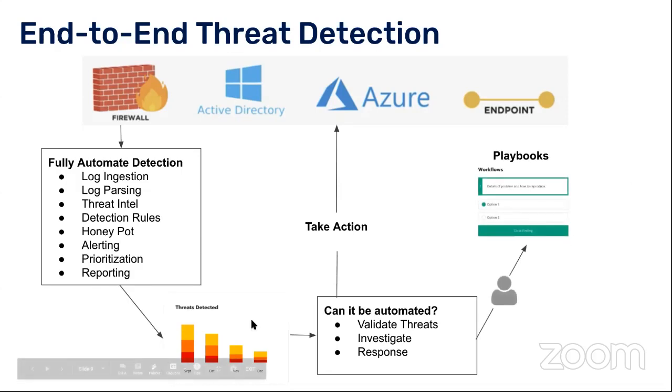So we need to go past that to the time that threats are detected. They need to be validated. If any investigation is needed, it needs to be simple and clear in terms of what to do. I'm going to show you an example of that. And then most importantly, we need to know what to do.